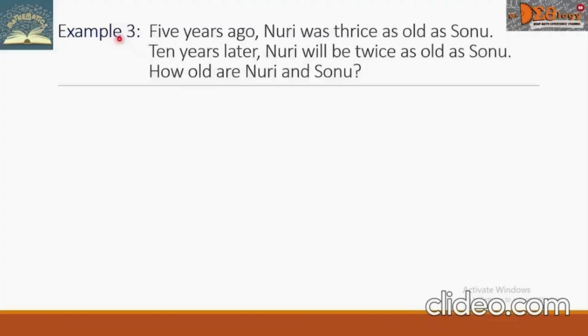Example 3. 5 years ago, Nuri was thrice as old as Sonu. 10 years later, Nuri will be twice as old as Sonu. How old are Nuri and Sonu? We let x be Nuri's age, y equals Sonu's age.